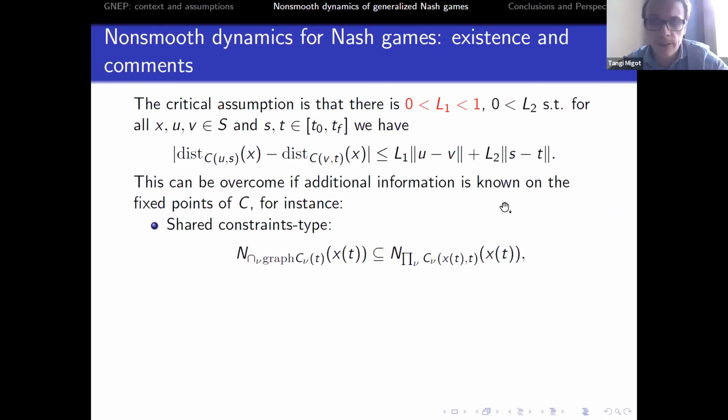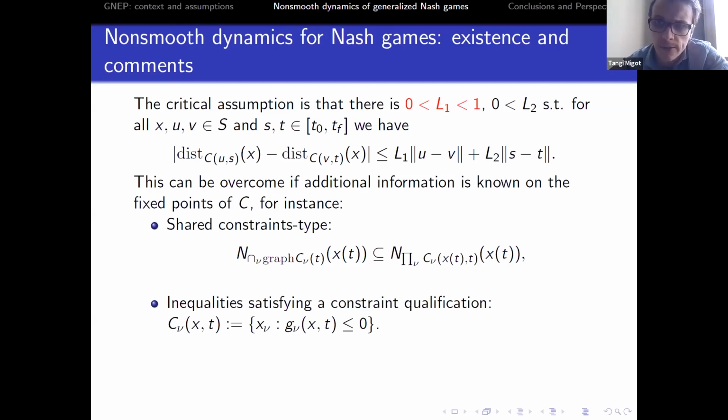And really, you can say some things if you have some knowledge of what is the fixed point of this C. So I gave a small example of shared constraints earlier. Also, Lacra gave some applications of this. So if you have a shared constraint type problem, then you can say some more things. You can skip this contraction property.